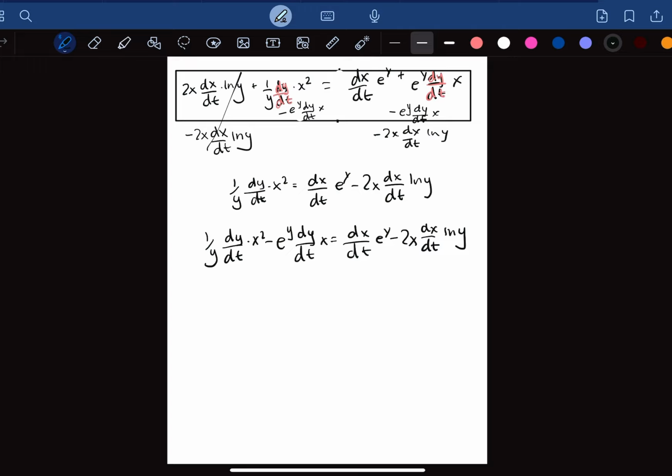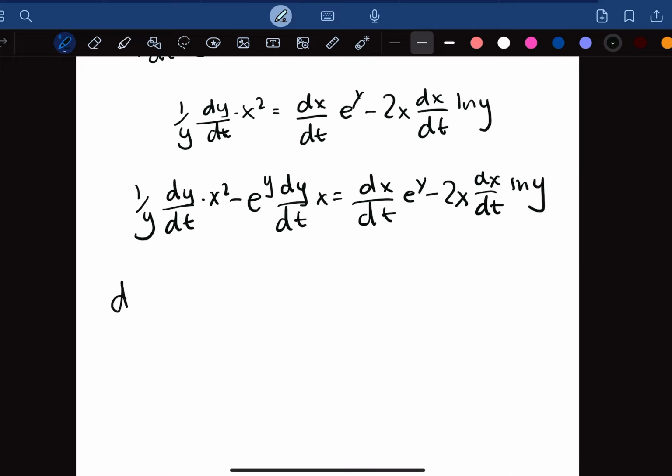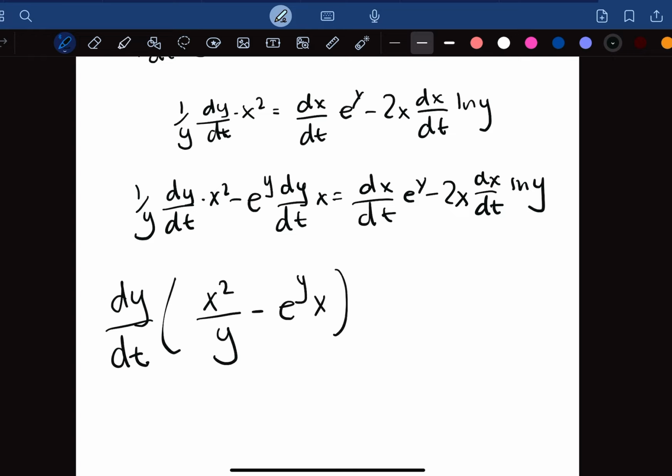And so now on this side, we can pull out a dy dt. So we would have x squared over y minus e to the y times x is equal to dx over dt, which we could also pull out on the side, times e to the y minus 2x times the natural log of y.